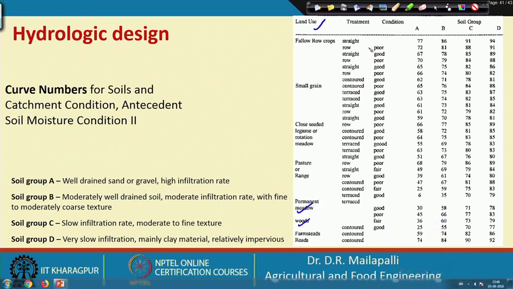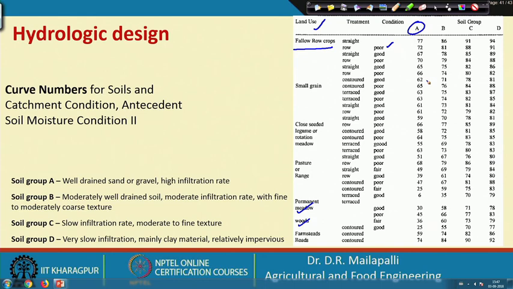The treatments are straight row or rows, or maybe contoured, terraced. Then the condition is poor or good.